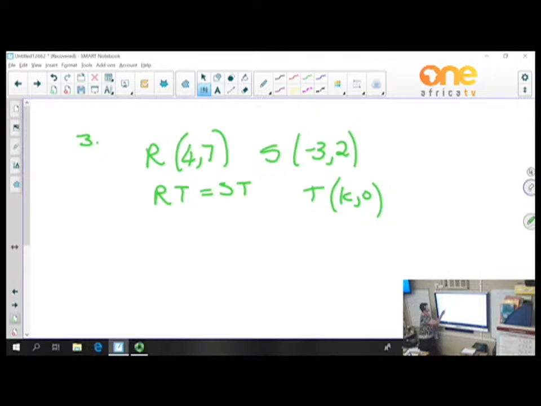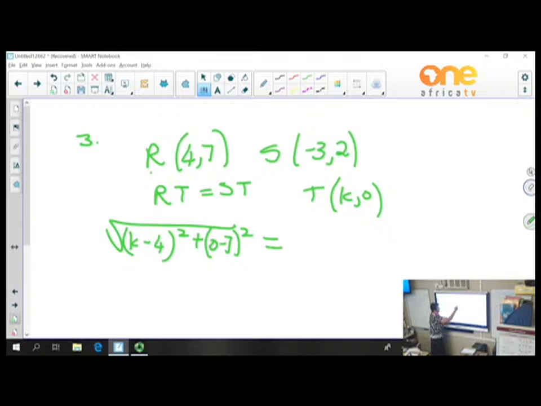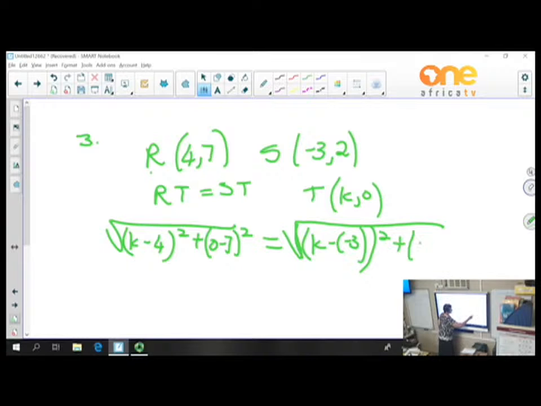So now RT means I'm going to work with this one and this one. So it will then be K minus 4 squared plus 0 minus 7 squared is equal to, and then S and T is then the square root of K minus negative 3 squared plus 0 minus 2 squared.